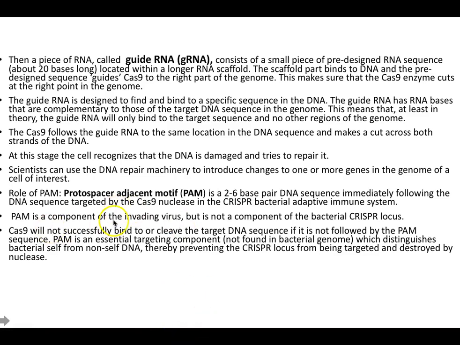So PAM is a component of the invading virus in the bacteria, but then we can create PAMs in order to get the nuclease to the right spot in the right chromosome on the right gene, since we're dealing with 38,000 genes and a bacterium only has a couple of hundred. So we have to be a little bit more eloquent or sophisticated in our PAMs, but we're doing it.